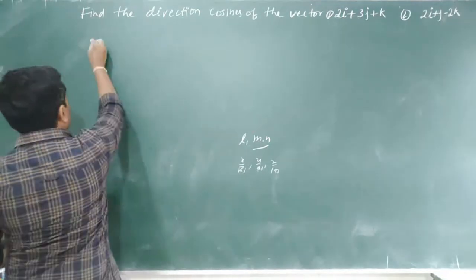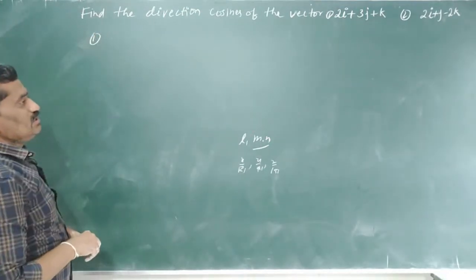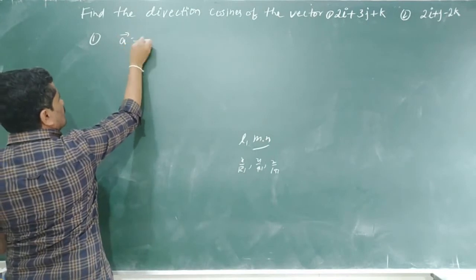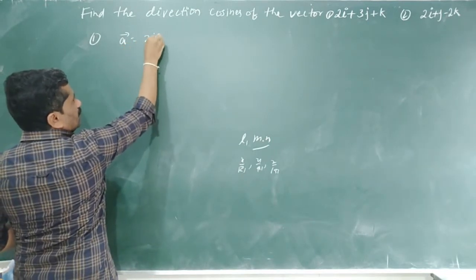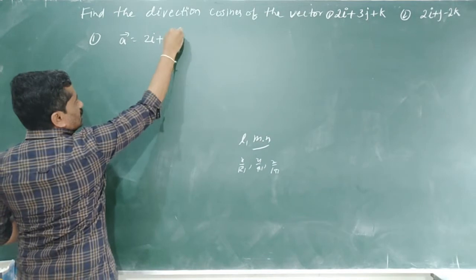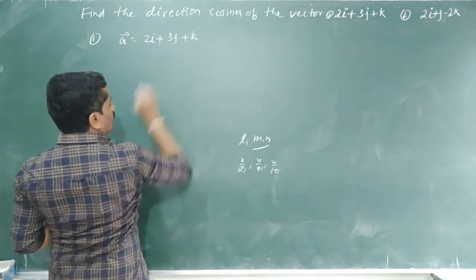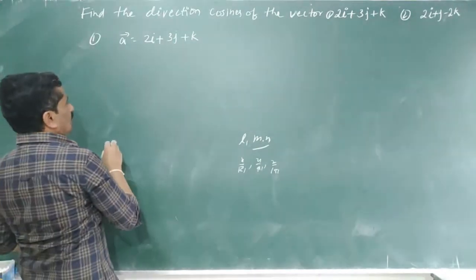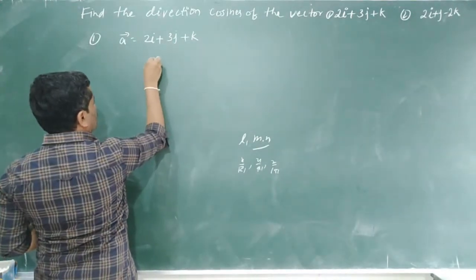Okay, first one. So write the given vector as vector A. Therefore vector A is equal to 2i plus 3j plus k, right? So now we need to find L, M, N. Therefore I'll first find the magnitude of a bar.